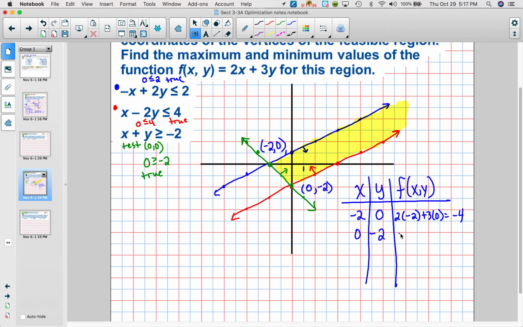And here I'm going to take 2 times 0 plus 3 times -2. And I get -6. So I have a minimum of -6, because that's the lower one. And there is no maximum because it's unbounded when you go in that direction. So there's only going to be a minimum, but no maximum.